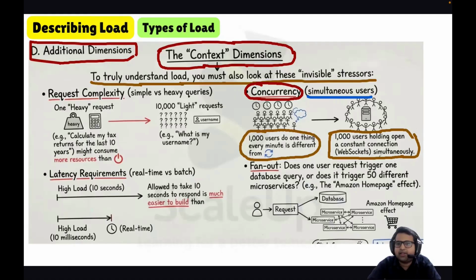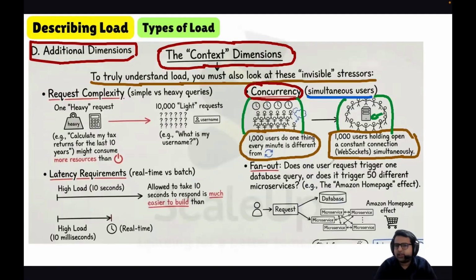In the first scenario we have 1000 users and every user is doing something different. So in our system we have 1000 requests and every request is a different request. Versus 1000 users trying to access the same resource, like the WebSocket.